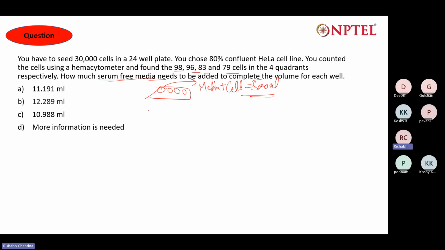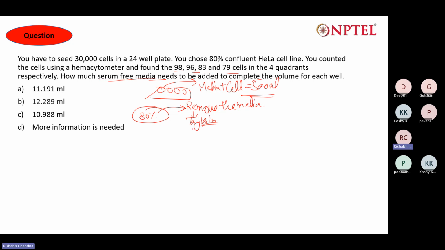So what we have is an 80% confluent HeLa cell culture. We'll not use the 80% in this calculation because this is only for our knowledge of whether we have to seed the cells or not. So first we remove the media. Then we add trypsin so that the cells will be detached from the surface.